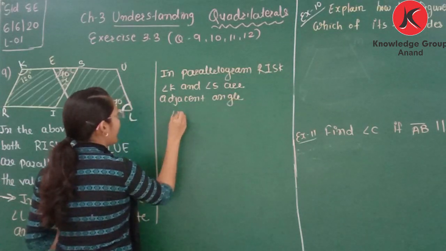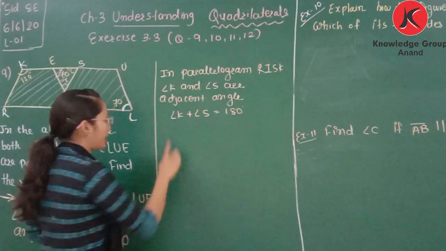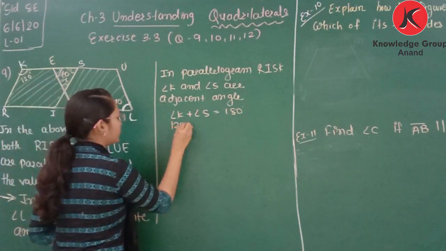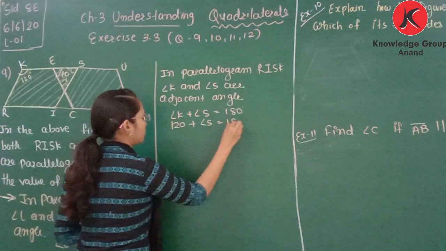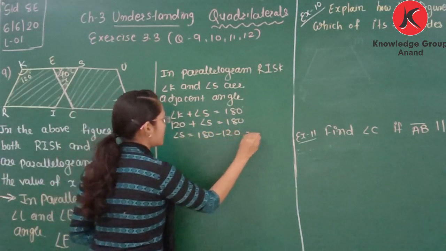That's why we can write angle K plus angle S is equal to 180. Angle K is given 120, so angle S will be 180 minus 120, that is 60.